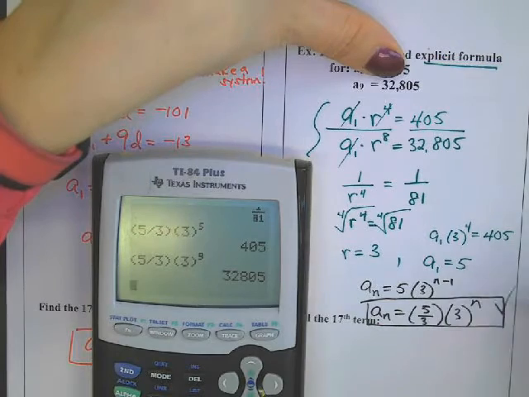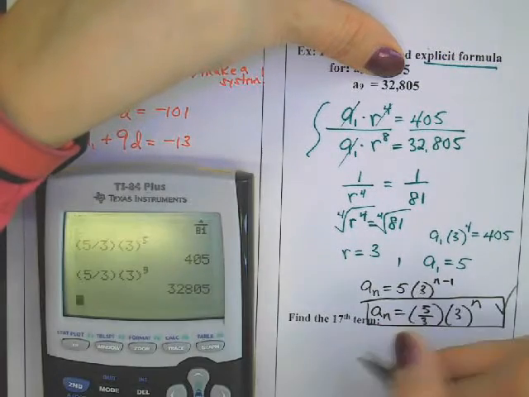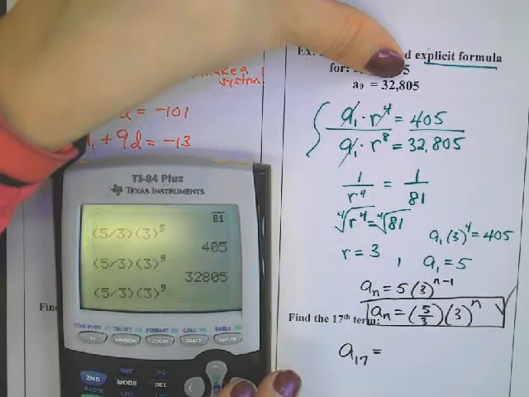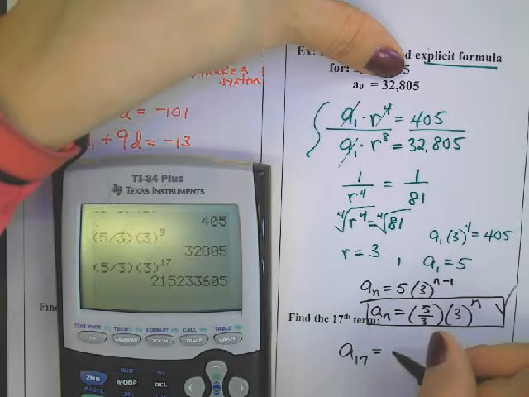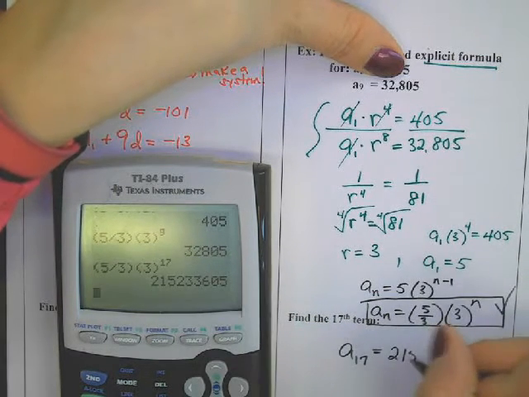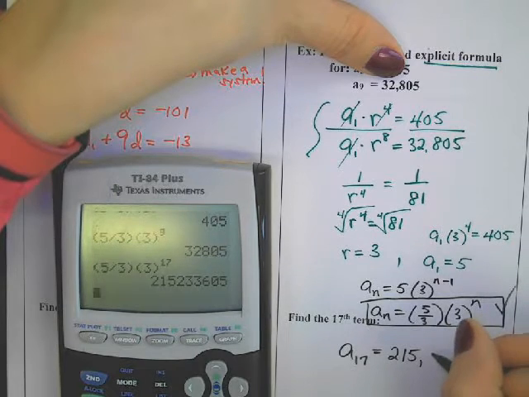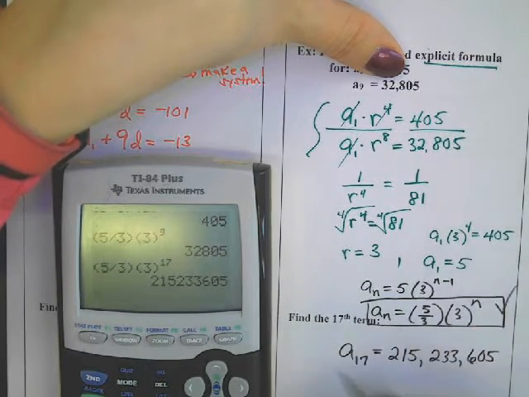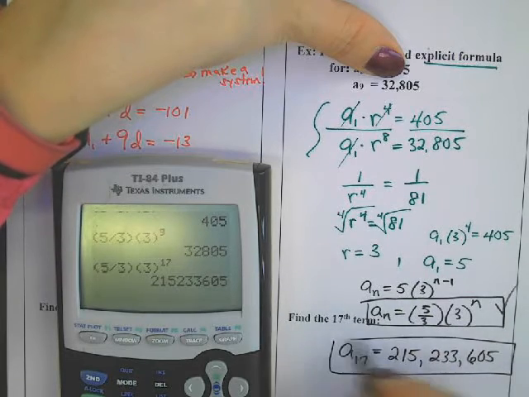Now I know I must have the correct formula. I can very easily find the 17th term by taking that, second enter, and changing 9 to 17. Whoa. 215,233,605. That is the 17th term.